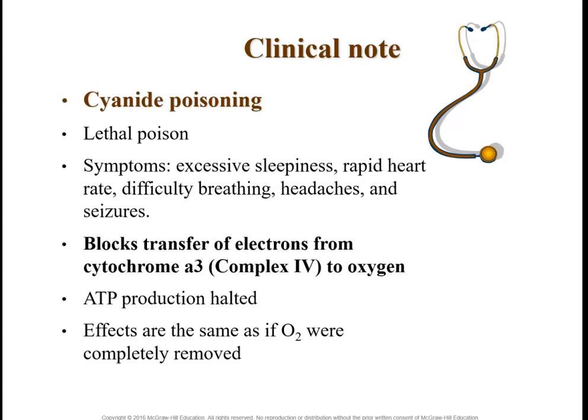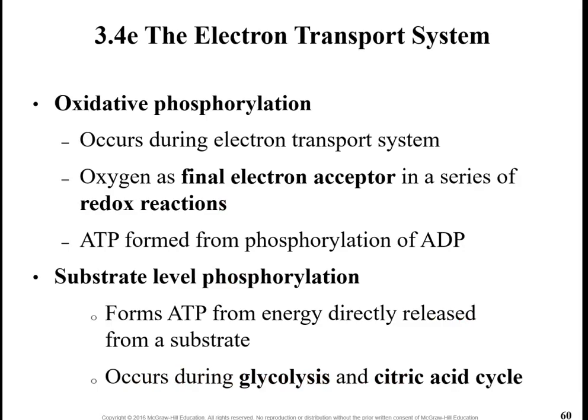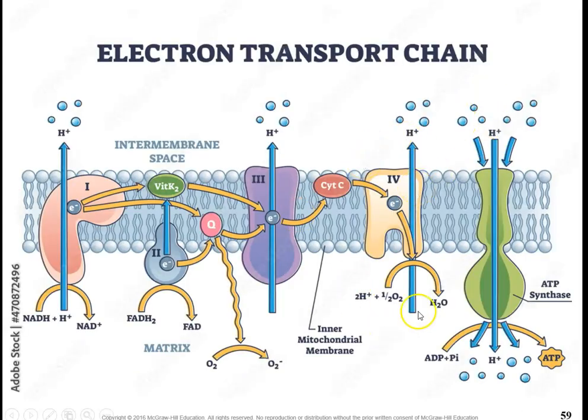Just a clinical note here, cyanide poisoning, it's lethal. Symptoms include excessive sleepiness, rapid heart rate, difficulty breathing, headaches, and seizures. And why this occurs is because it blocks the transfer of electrons from complex 4 to oxygen. So this step right here is where cyanide halts this process.